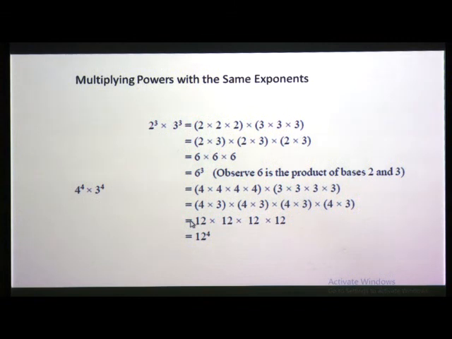How many times 12? It is 4 times. So, 12 raised to 4, or we can say the 4th power of 12. What can we conclude by observing this? Yes, when the exponents or powers are the same, we just multiply the bases. 4 3s are 12 and the common power, that is 4, we write as 12 raised to 4.